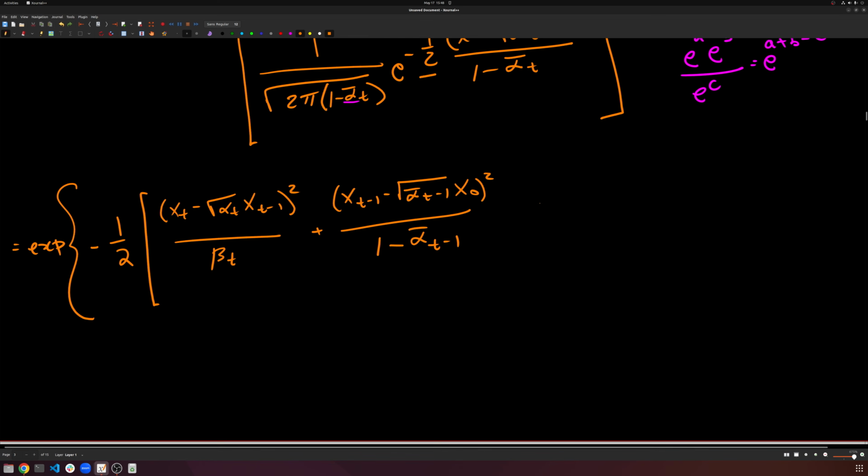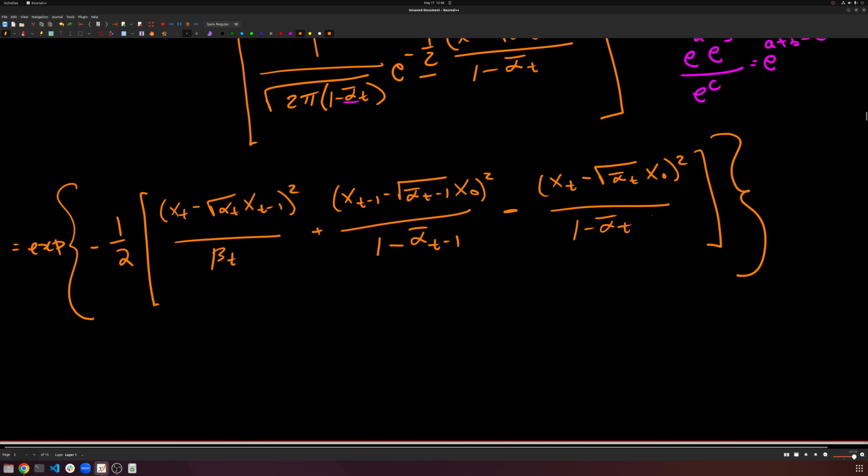So that's the second term. And then the third term is in the denominator. So we subtract x_t minus square root alpha hat_t x_0 squared over, again, same thing, 1 minus alpha hat_t. Yeah, so that should be good. And so that kind of just pulls it all together. So that's what we have. It's e to the power of all of this stuff.